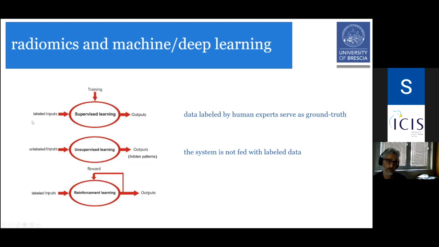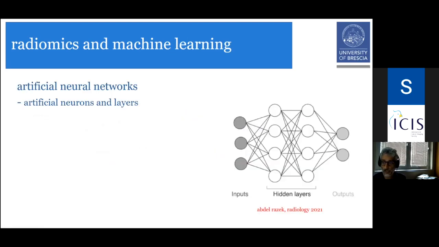So the system is fed with both images and the diagnosis and learns to correlate diagnosis and imaging features. Or this can be done with deep learning algorithms with unsupervised training, which means that the system is fed with unlabeled data and learns to find correlations that define a disease and discriminate disease from normal.